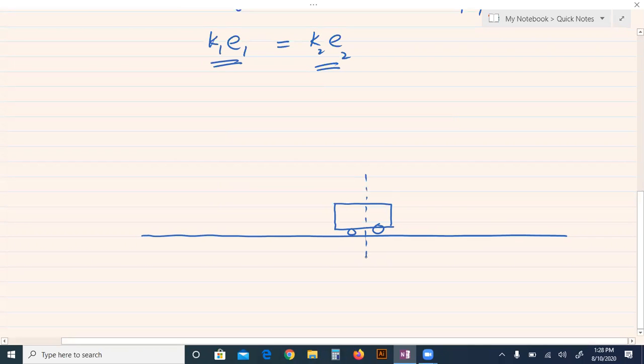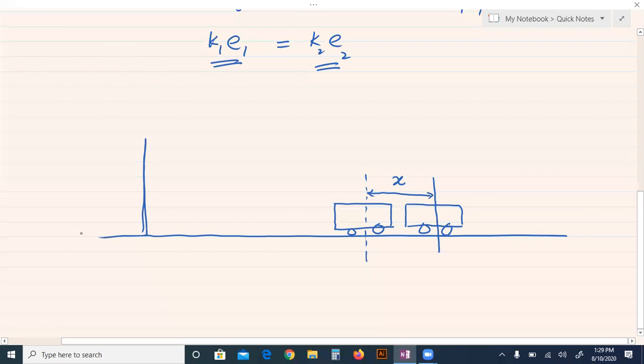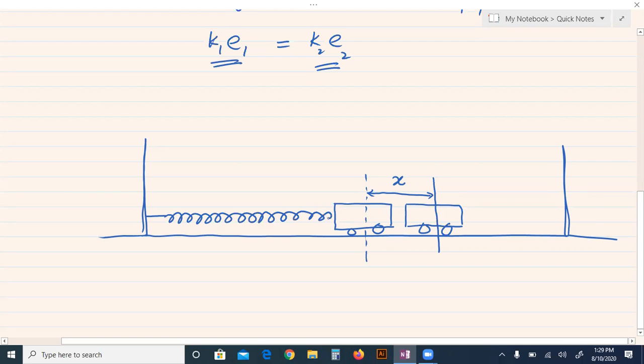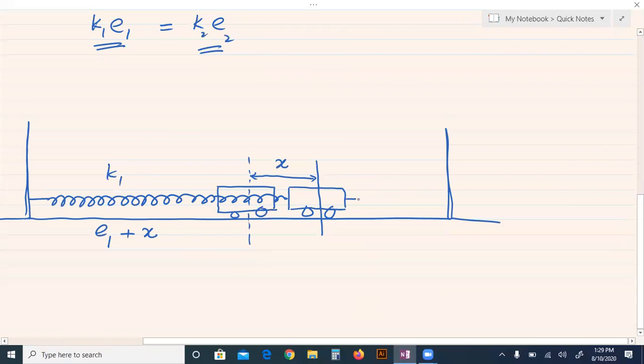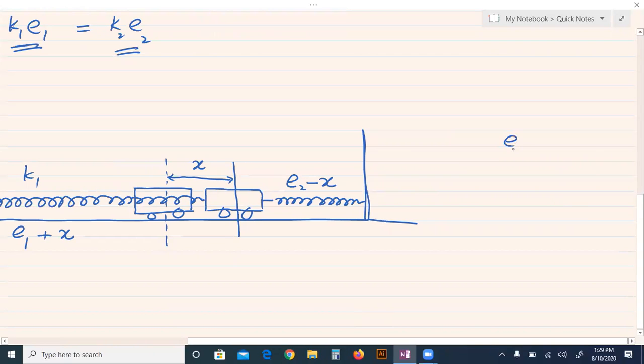Suppose it is displaced to a new position, either right or left, by a displacement of X units. So the spring with spring constant K1 extends more: initially E1, now it becomes E1 plus X, and the extension of the other spring decreases, from E2 to E2 minus X. Remember, E2 minus X is still greater than its original length, meaning there is no compression, just a decrease in extension.